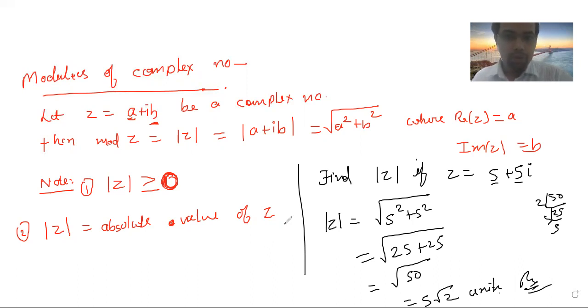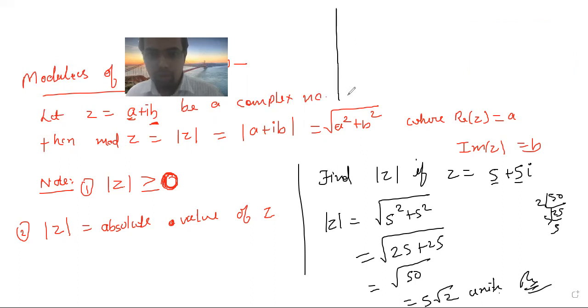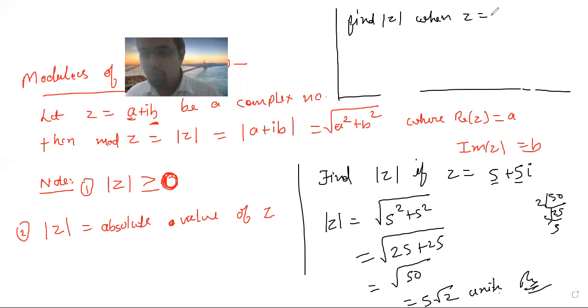One more example we will solve. Find mod z when z is equal to 3 minus 7i. In this case you need to choose the values of a and b.